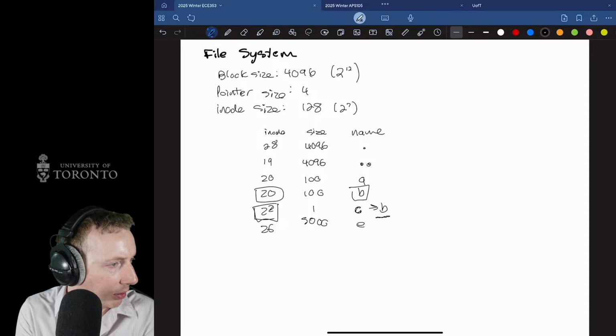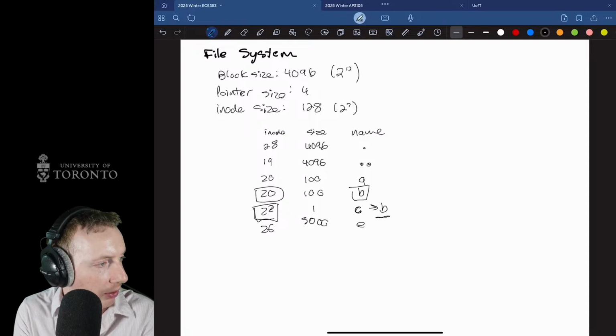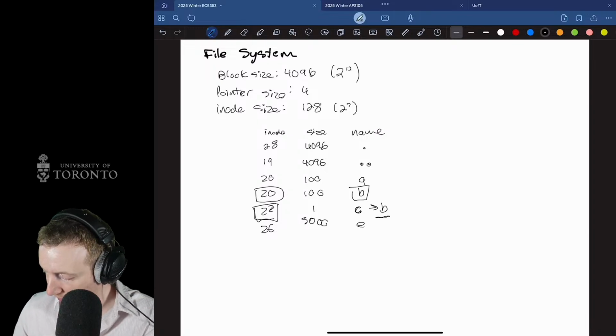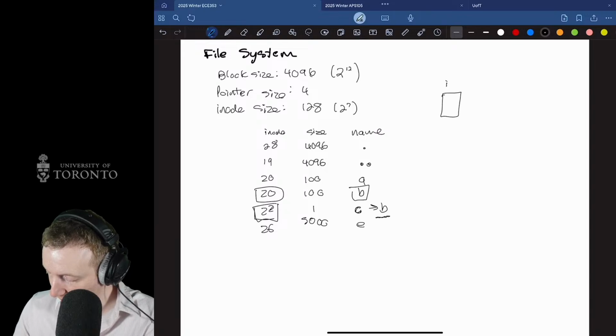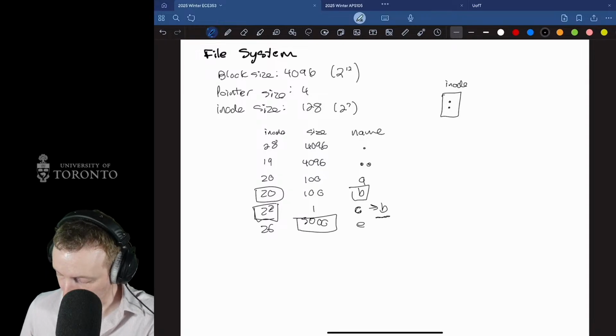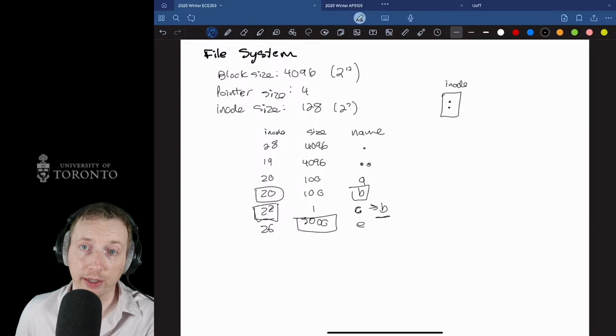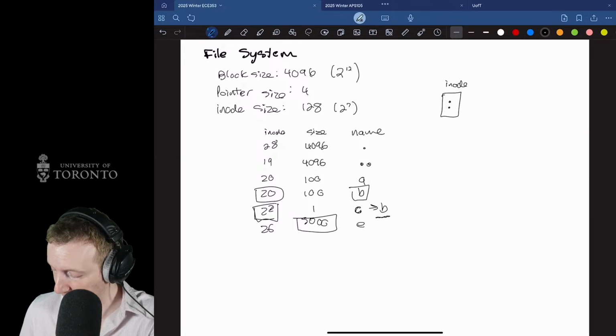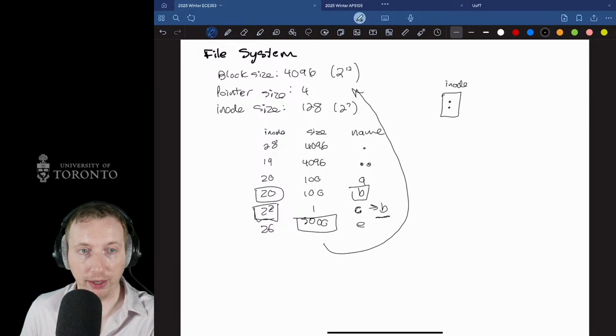Then determine the number of data blocks that file E will occupy. Our inode has some space for direct blocks, and that's where the data would go. The size of the file, if it's a regular file, is how many bytes of data it needs. Our block size is 4096, so it wouldn't quite fit on one block.